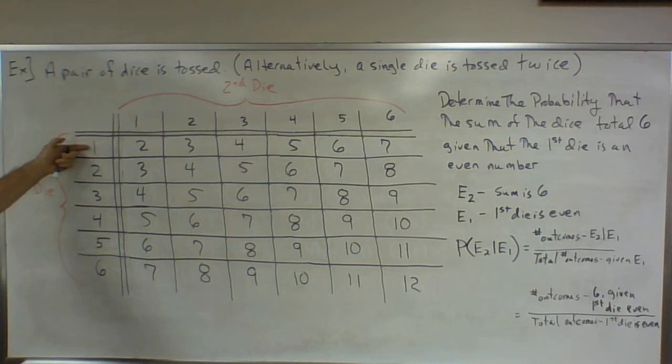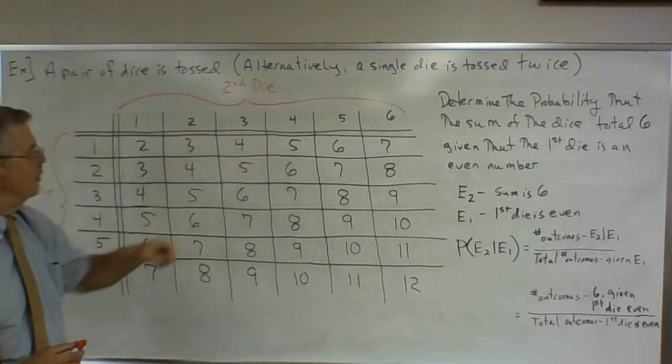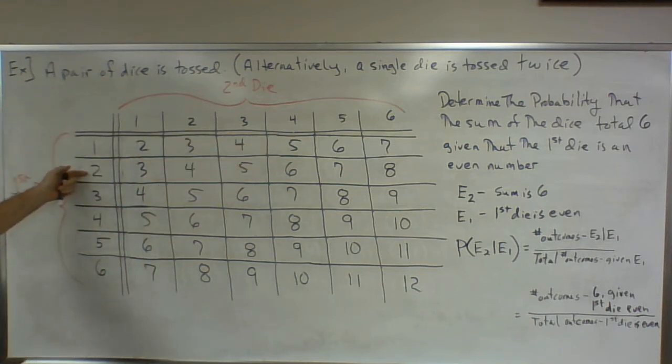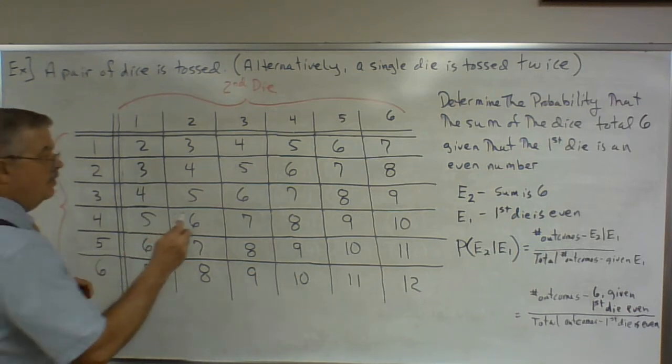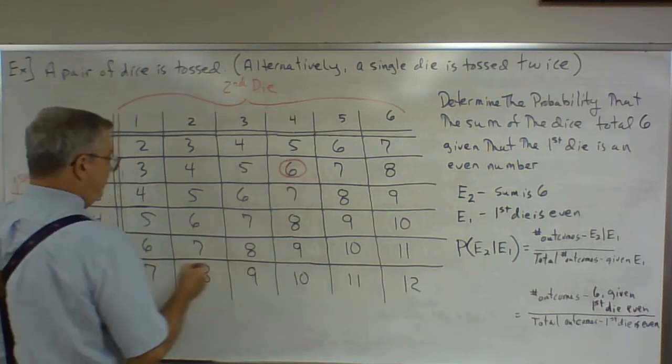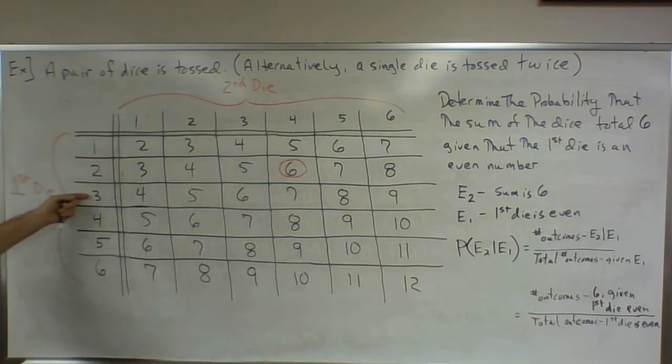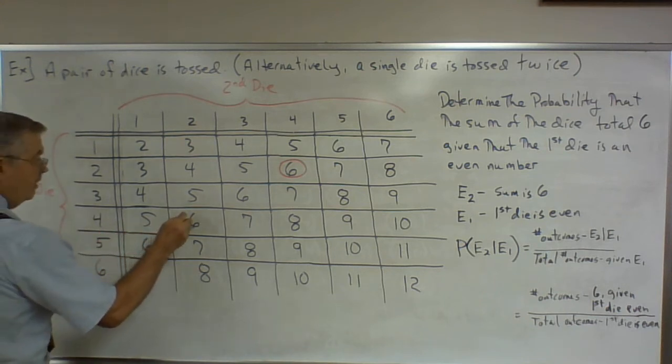Here the first die is odd, so nothing in this row works. Here the first die is even, and we get a roll of 6. There's 1. Here the first die is odd, nothing in this row will work. Here the first die is even, and we get 6 on the first.